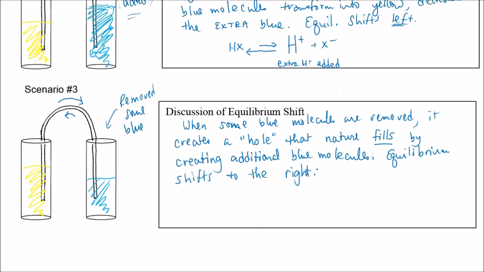Maybe I should add some words there, huh? To restore what was lost. So this is another example of Le Chatelier's principle. If the stress or the perturbation is to say we've lost something, then the way to moderate that change is to recreate what was lost, to replenish what was lost. That's Le Chatelier.